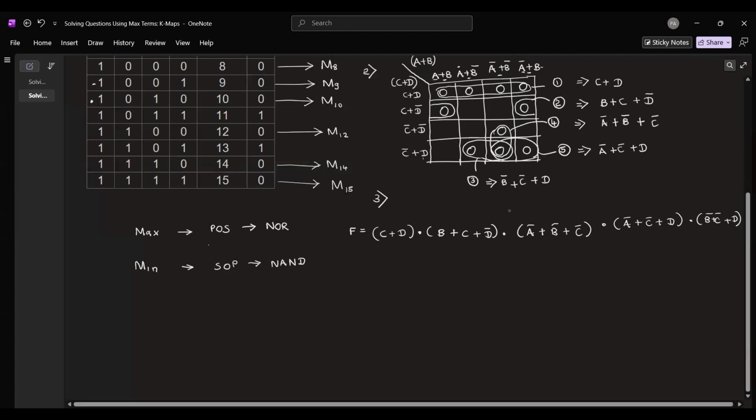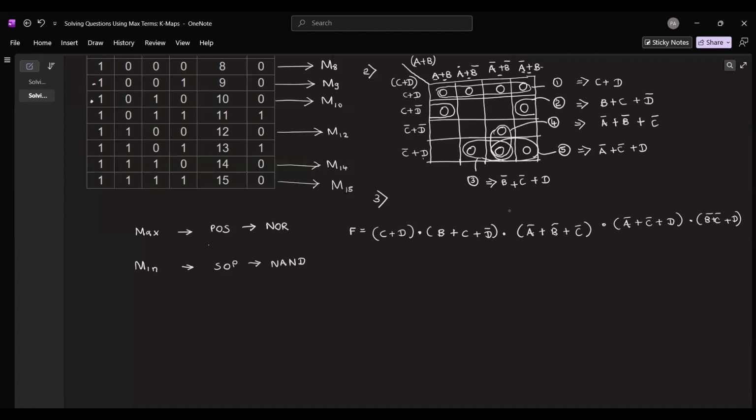So this will be the simplified expression. You can expand and try to simplify this further, but if you are using only NOR gates, this is the best version. Okay, how will we use the NOR gate? Well, we will just take double complement. We will take double complement and break only one by using De Morgan's law.